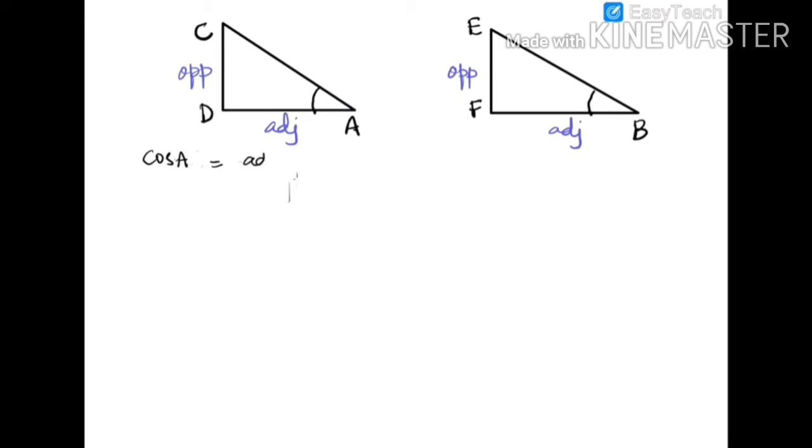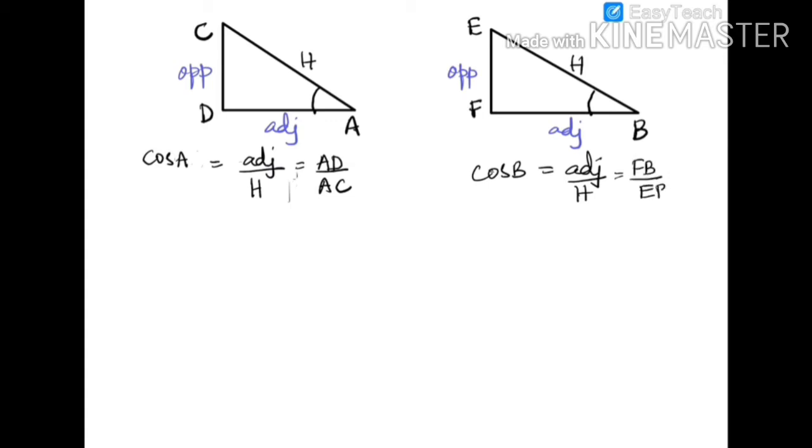It will be adjacent side upon hypotenuse, that is AD upon AC. Similarly, we will write down cos B for the second triangle EFB. So this is going to be adjacent side upon hypotenuse, that is equal to FB upon EB.